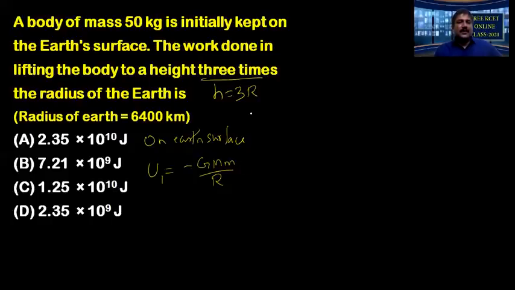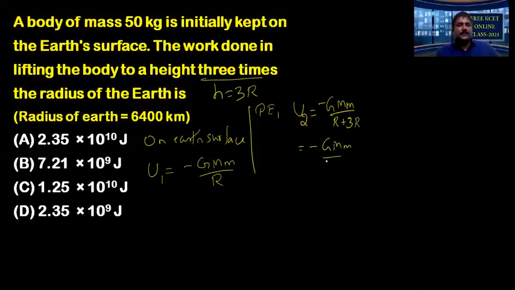Now at a height equal to 3R, the potential energy, say U2, it is how much? Minus GMm. It is only changing with the height. As height becomes more, denominator becomes more, R plus h. So R plus h is 4R here, in this case height is 3R. So now it becomes minus GMm by 4R.